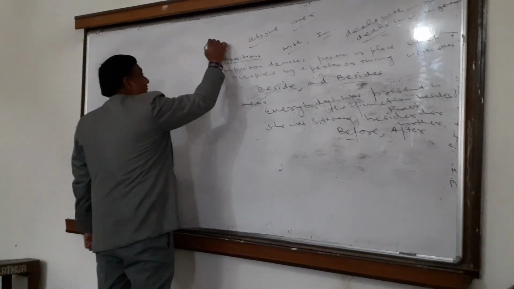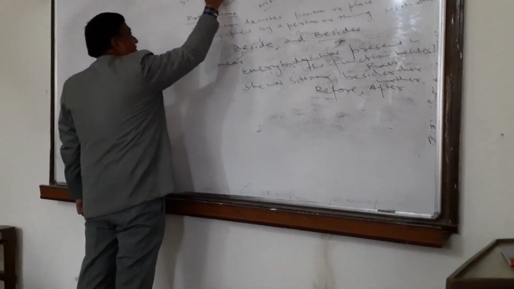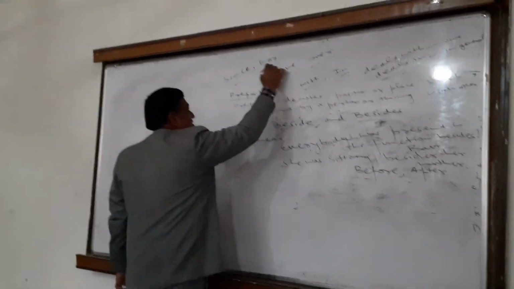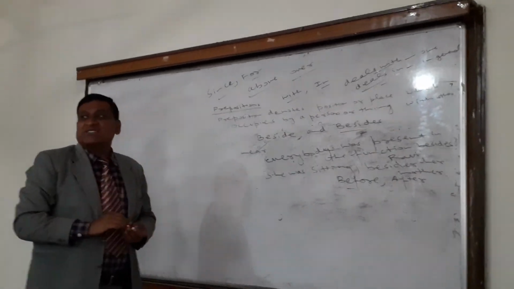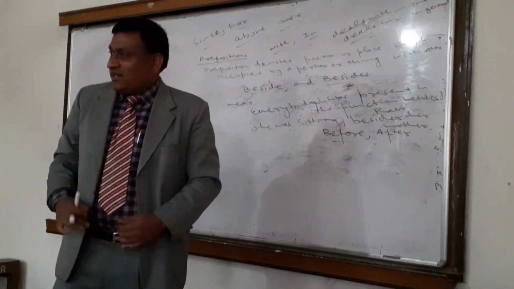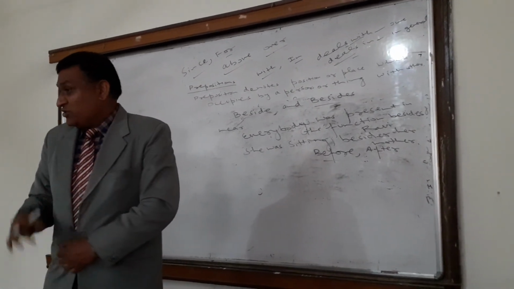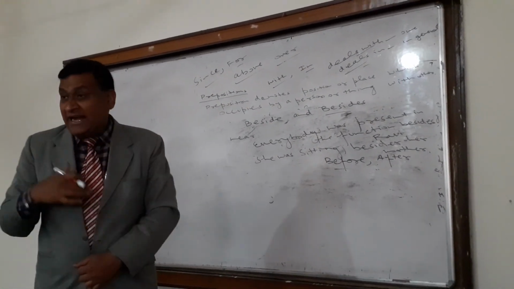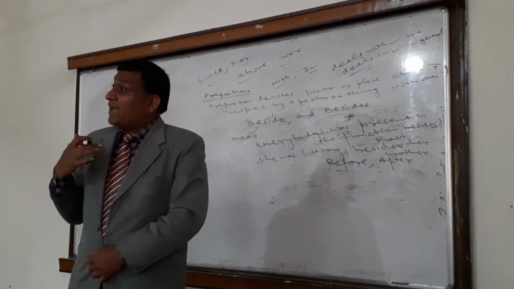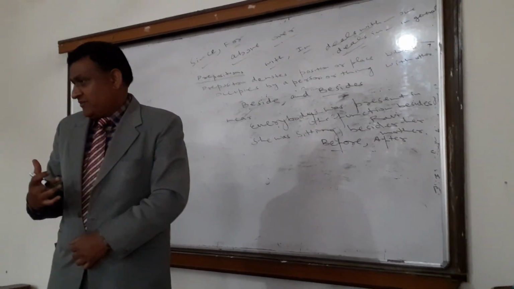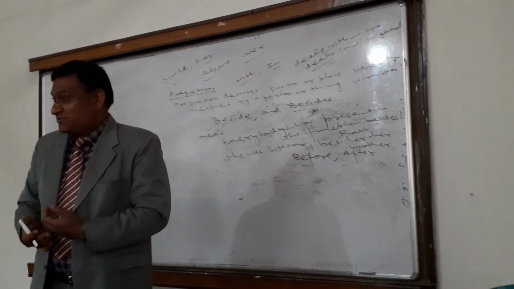Since and for. These are also prepositions. Since we use for a definite point of time, and for we use for a period of time. Since he is my father, I respect him.